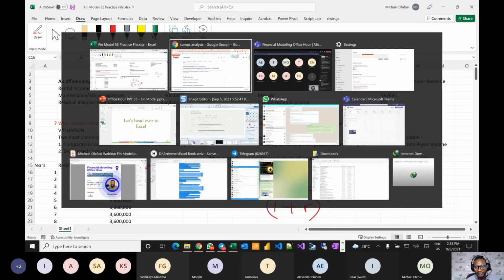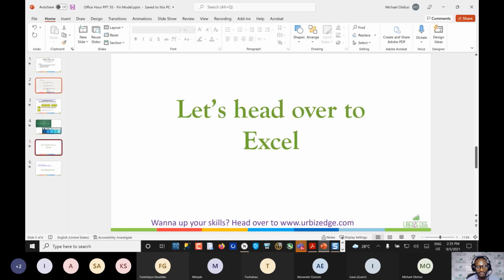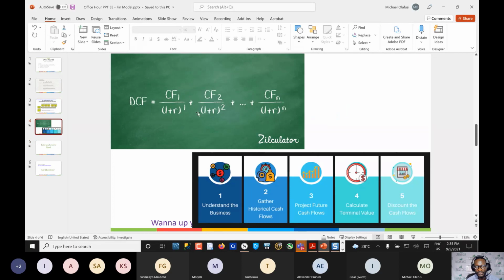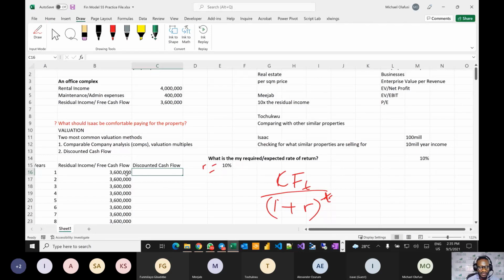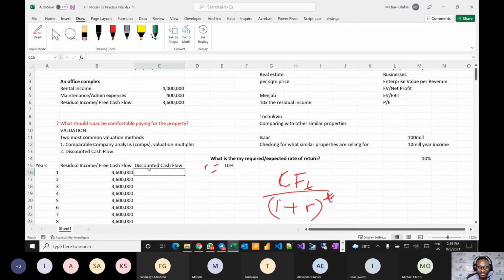If you remember these slides, that was why I showed us. DCF is the summation of all of the discounted cash flows. Let me use that word. All this money you are getting, bring it to today's value, equal to this divided by 1 plus this.